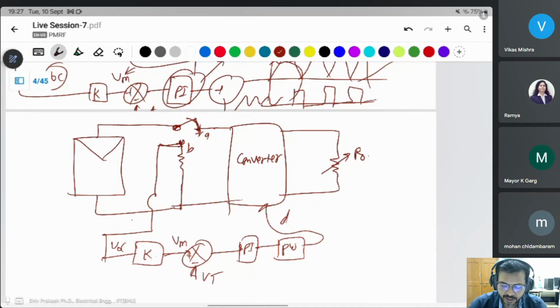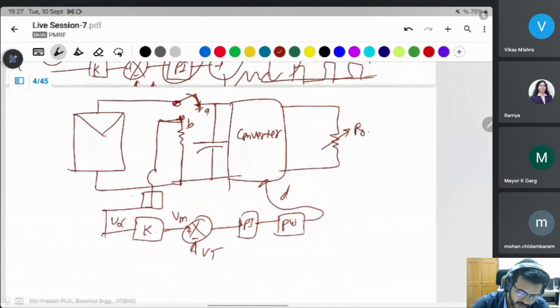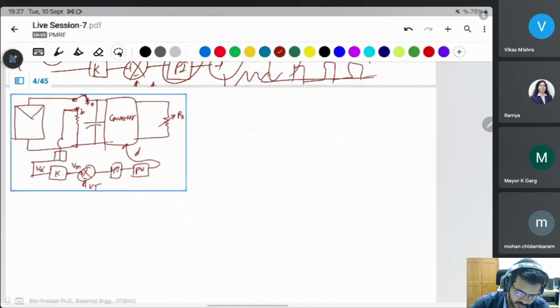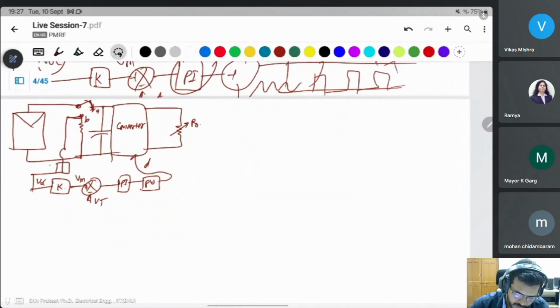At one time the supply is given to the controller, so you need a large capacitor here to maintain a constant input voltage of the converter, and you need a sample and hold circuit here to make the discrete signal continuous.